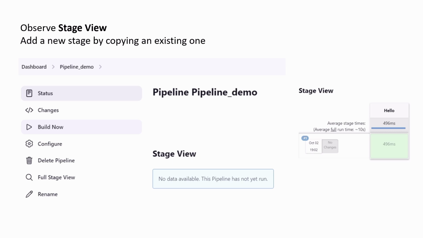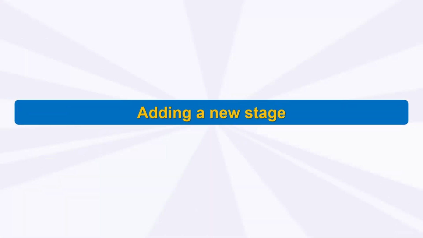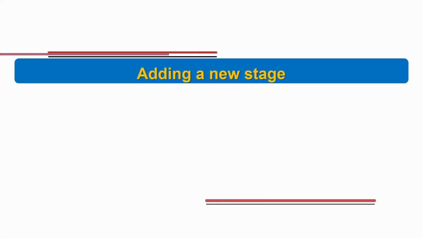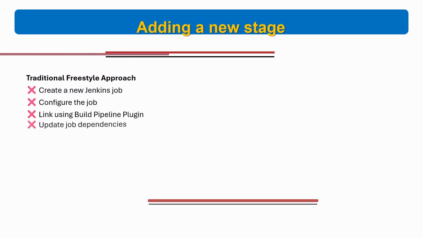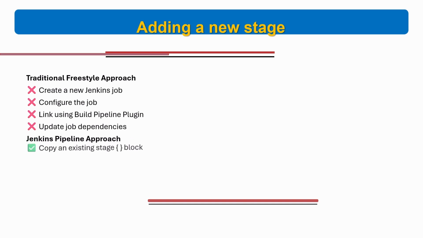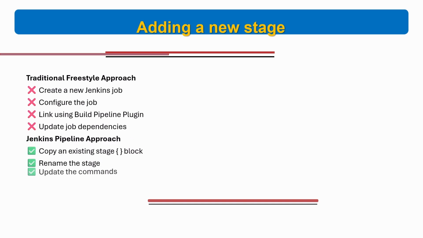Now let's see one of the biggest advantages of a Jenkinsfile. Suppose we want to add another stage called testing. In a freestyle project approach, we would have to create a completely new Jenkins job, configure it, connect it to the previous job using the Build Pipeline plugin, and then update the entire workflow. As the number of jobs increases, this obviously becomes difficult to manage.